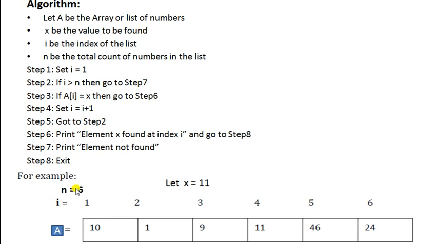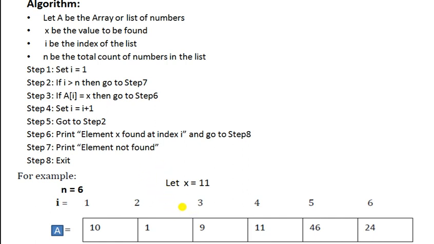Algorithm starts with step 1. Set I equal to 1, that is the first element. Step 2: if I greater than n. 1 greater than 6, is it true? No. If it was true, that means it has reached the end of the array.